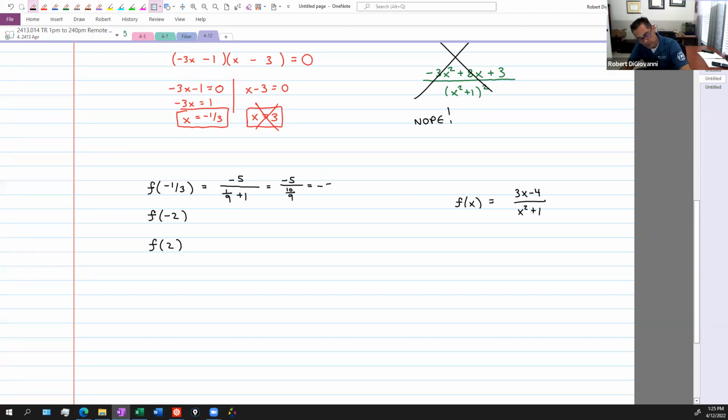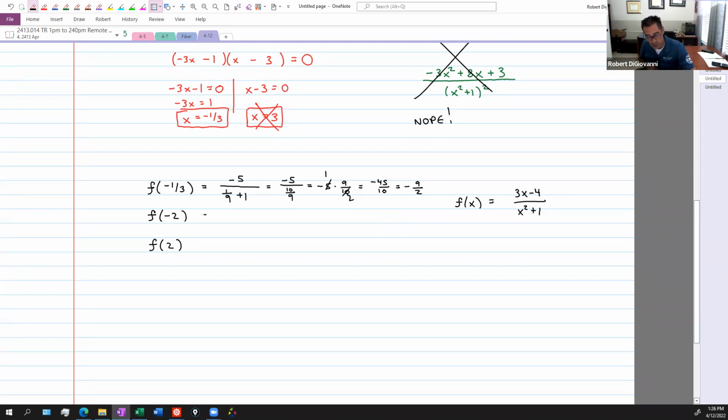Multiply by the reciprocal and you get negative 45 over 10, which is negative 9 halves. 5 goes into 45 nine times, and 5 goes into 10 twice. That's what happens when I plug in -1/3.